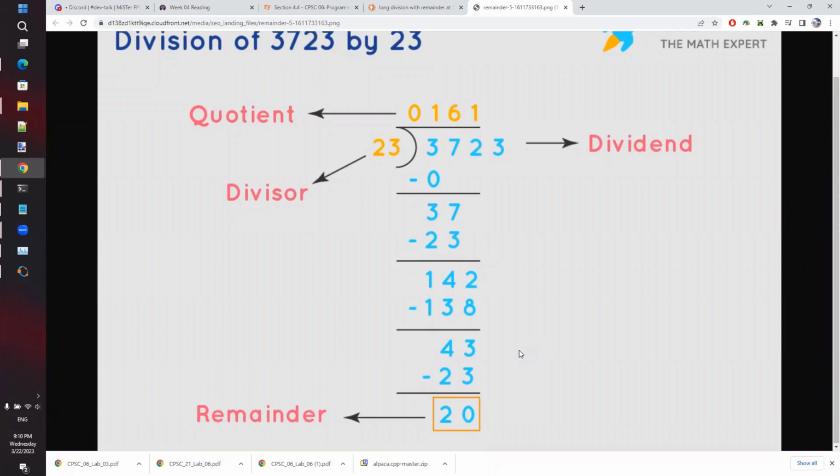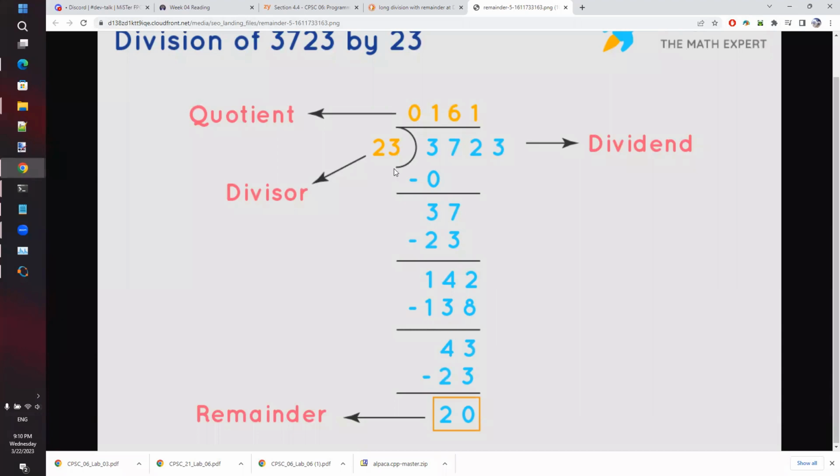Oh, you get 4. Whoever wrote this is not the math expert. The 4 should be where the 3 is, and the 3 should be one space over. But you do 142 minus 138, you get 4. You bring down this 3 over here, so you have 43.